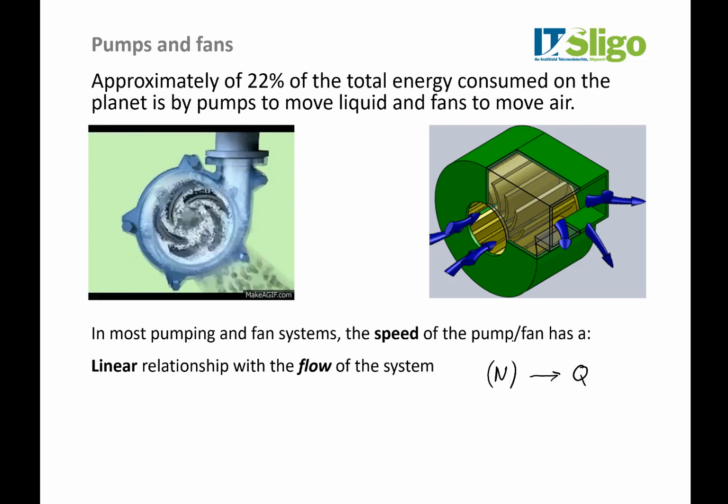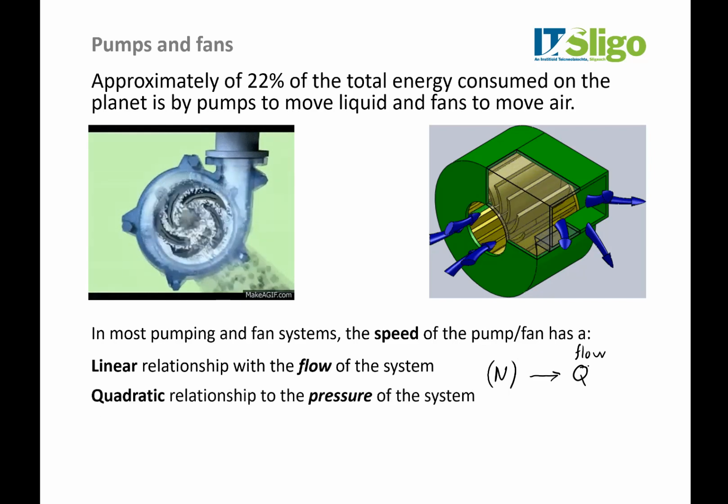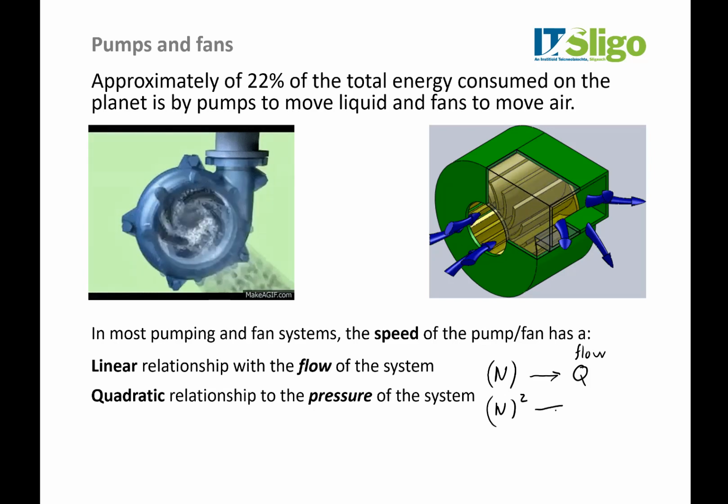The first one is the flow, Q, and that's a linear relationship. If we double the speed of the pump, N, then that doubles the flow. There's a different function though. Another thing that changes independently of flow is the pressure in the system, and that's a quadratic relationship.